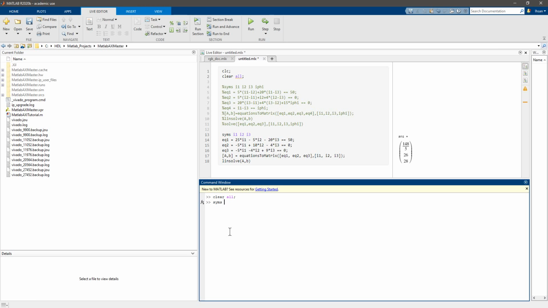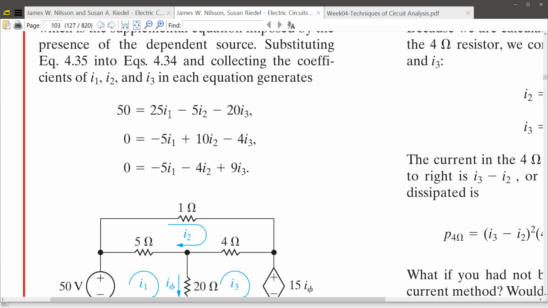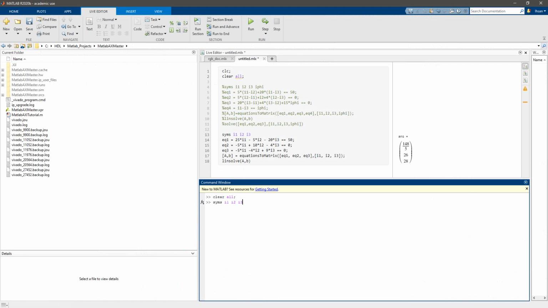So I have I1, I2 and I3. These are my unknowns in my equation. You can label them as X, Y, Z, whatever, but we just first introduce that these are the unknowns that need to be solved.